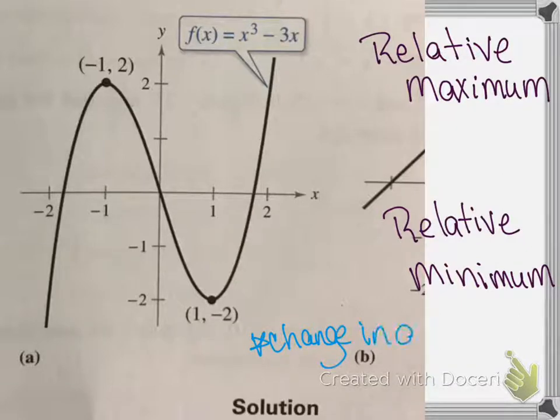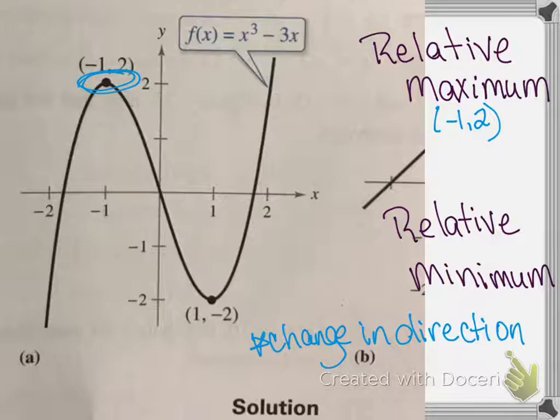That's what happens with the graph. When I hit a relative maximum or a relative minimum, I have a change in direction in my graph. So my relative maximum, my graph changes direction right here. So this point, (-1, 2), that's my relative maximum. What's my relative minimum? The other one, (1, -2).